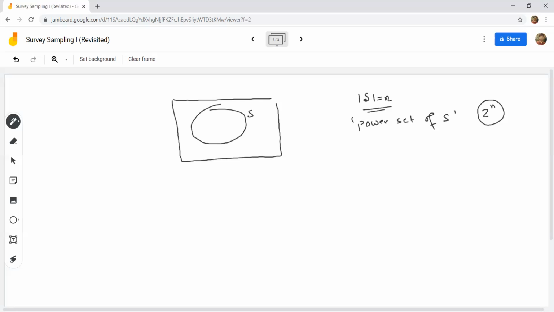Now my idea is to add probability. That is, I'll define a distribution P of s over each such small s. So basically the idea is that you are fragmenting the population into 2 to the power n parts, first of all.